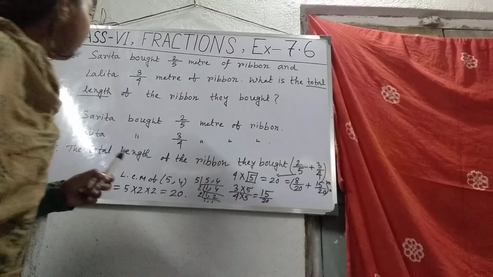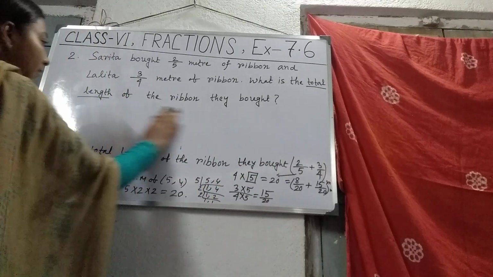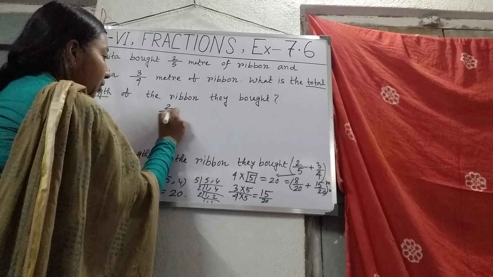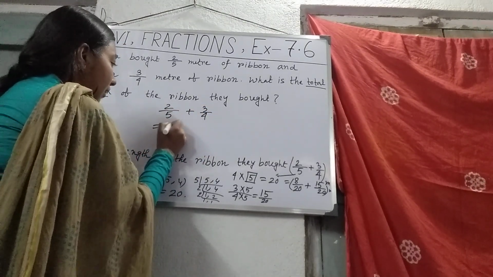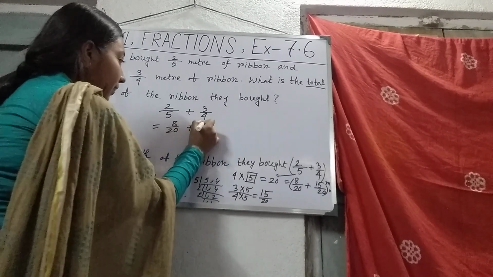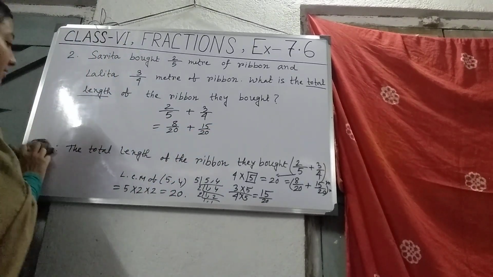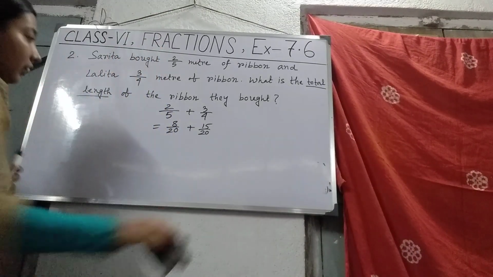Now, I am writing again 2 upon 5 plus 3 upon 4, 8 upon 20 plus 15 upon 20. So see, both the denominators are same. Okay.